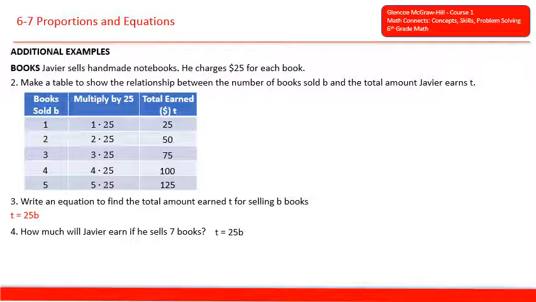So if we use the equation T equals 25B, which is total earned equals 25 times the number of books he sold, and then we plug in 7 for the number of books he sold, the total amount he earned for selling 7 books was $175.